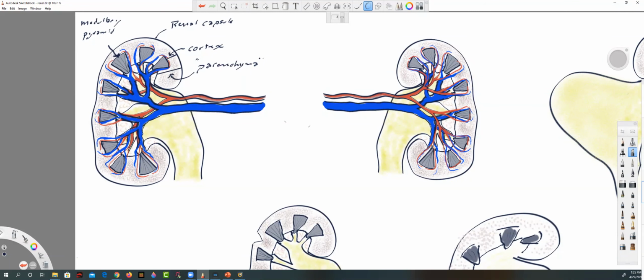Now, this is really important. For a number of years, I was taught wrong. Everyone I worked with was taught wrong. They'd say, let's do a cortex measurement, and what we were measuring is the entire thickness. That's not a cortex measurement. That is a parenchyma measurement if you measure the entire thickness.